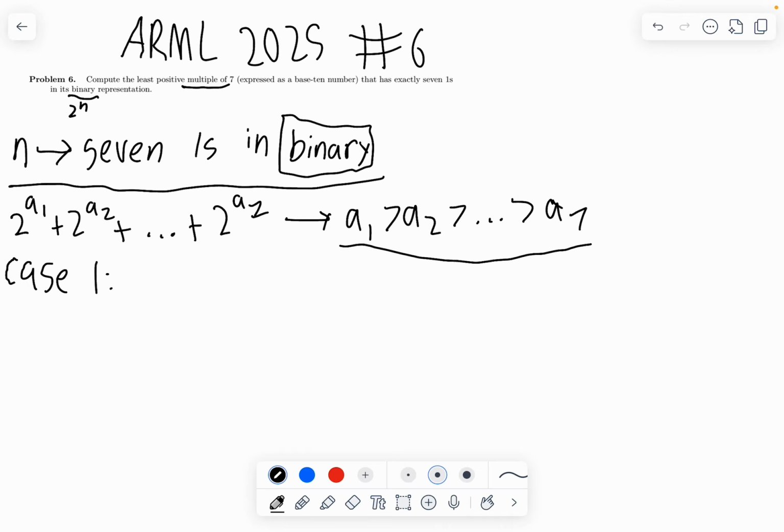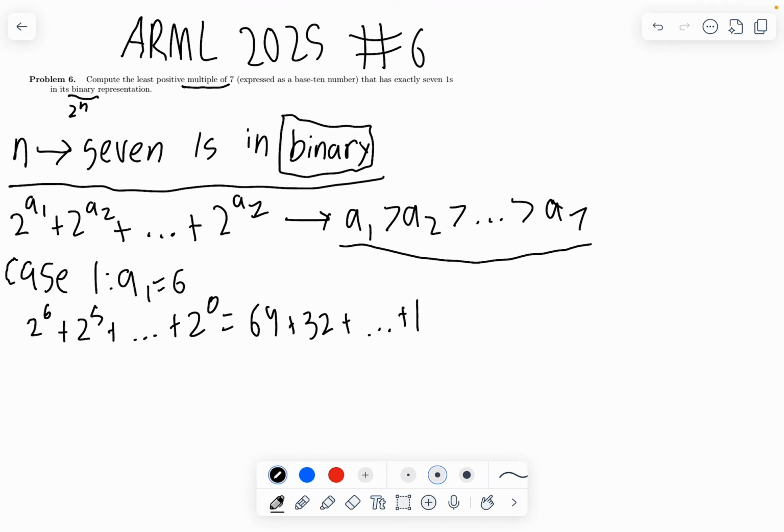That a1 is equal to 6. So essentially, if we check if a1 is equal to 6, the number would be 2 to the power of 6 plus 2 to the power of 5, all the way till 2 to the power of 0, which is equal to 64 plus 32, all the way till 1, which is just 2^7 minus 1, which is equal to 127.